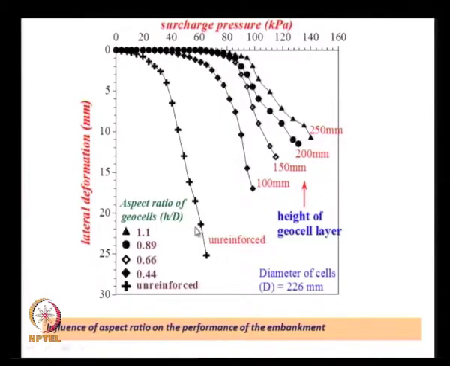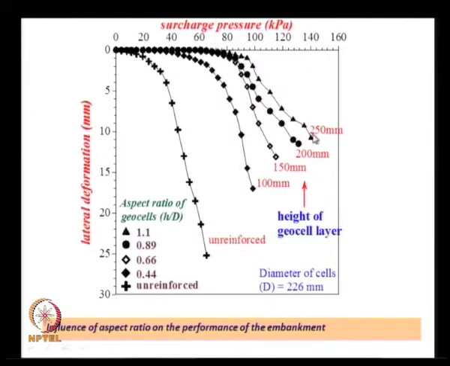These are the results with different heights of geocell layers, and each height of the geocell layer will result in a different aspect ratio, because the equivalent diameter of the geocell pockets was 226 millimeters, and the height divided by 226 is listed here.